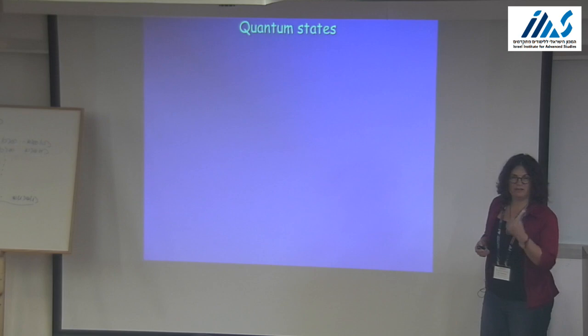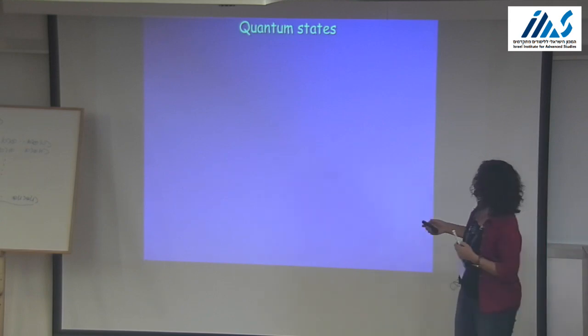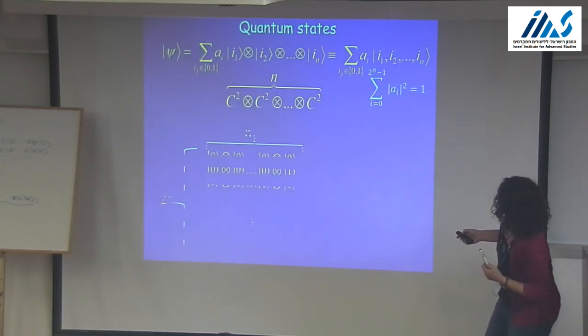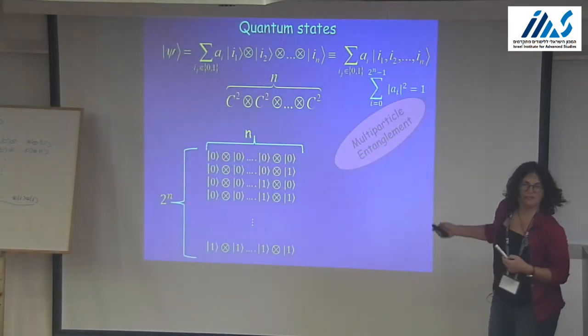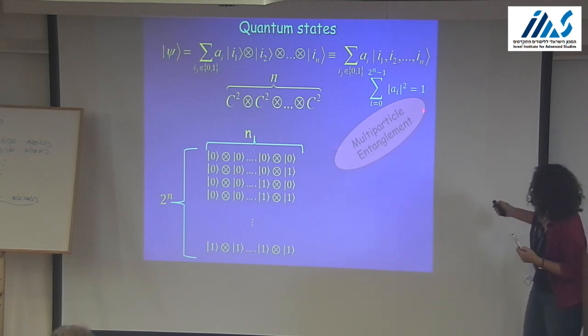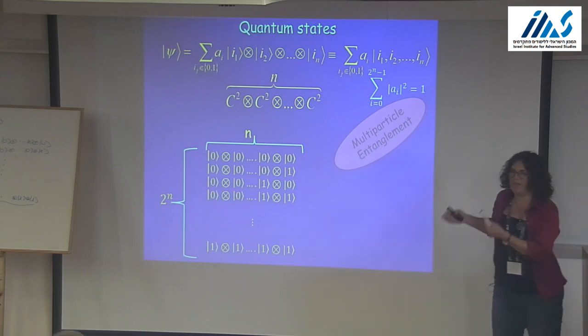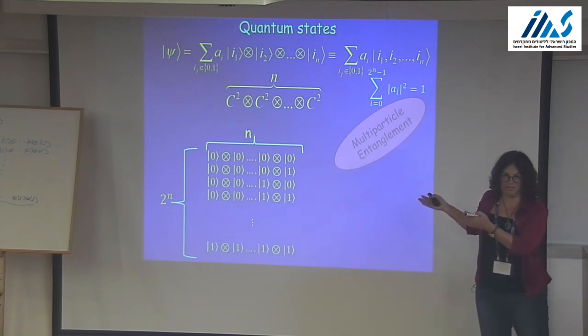So quantum power comes from entanglement. Yes, quantum power comes from entanglement. This is the next thing that I wanted to say: if we look at the superposition of these 2 to the n basis states, most of the information lies in the entanglement between the different particles.